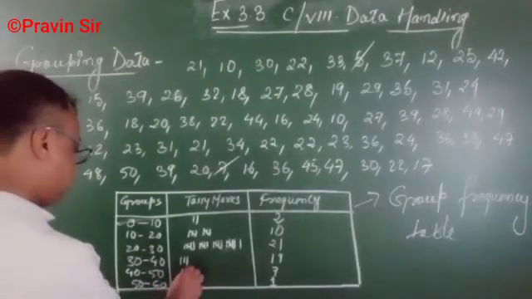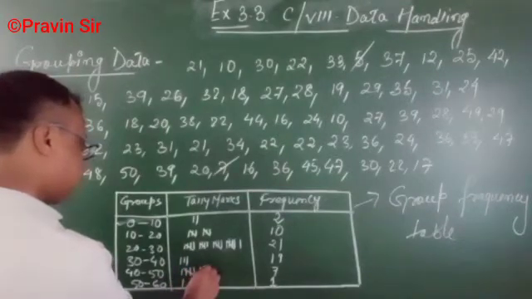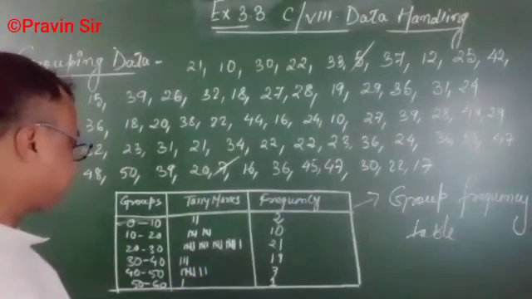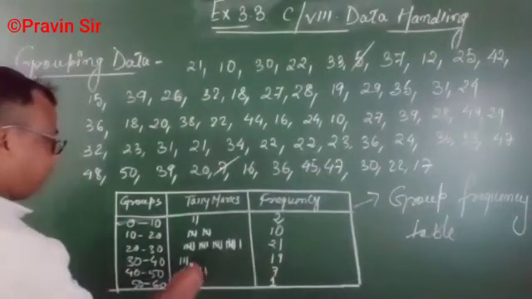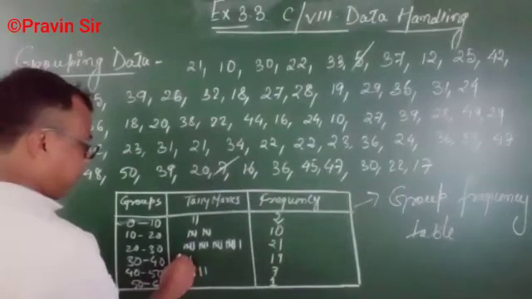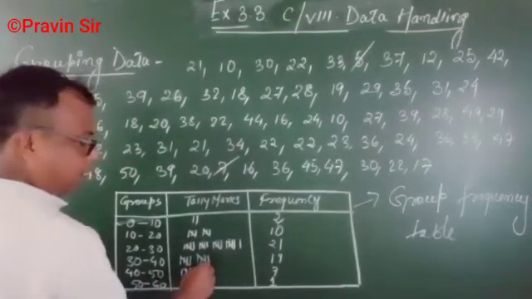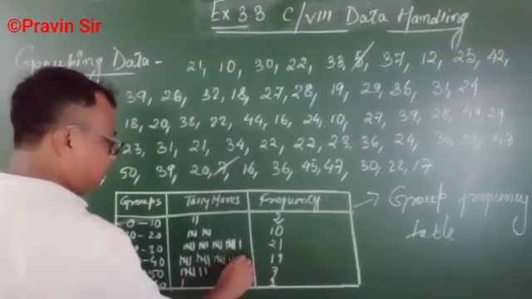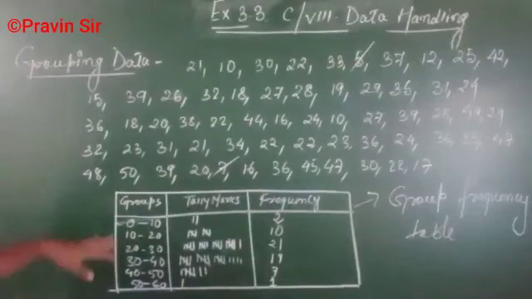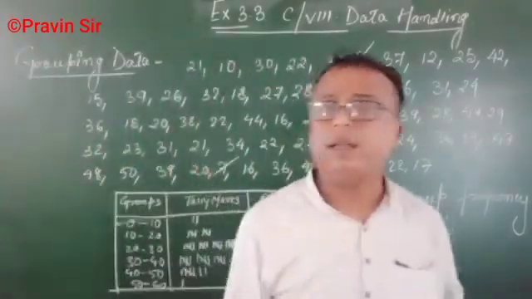So 3, 5, 6, 7. And this is 19. So 5, 10, 15, 19. Total 90. So like this you can make a group frequency distribution table.